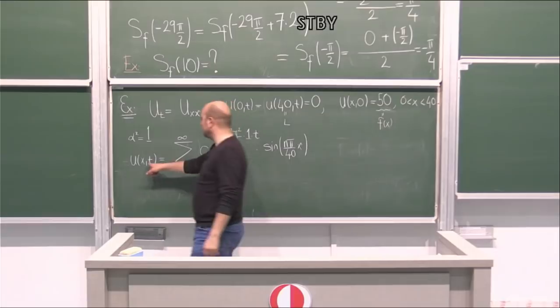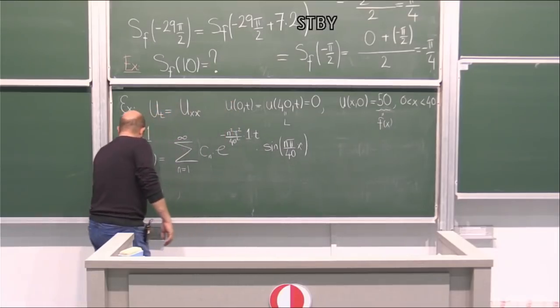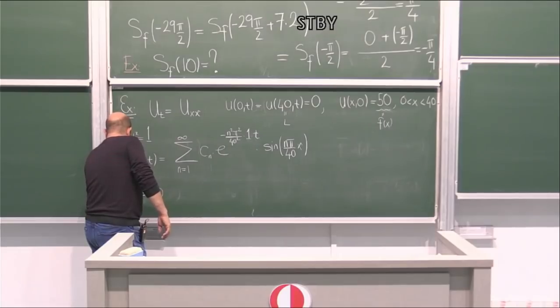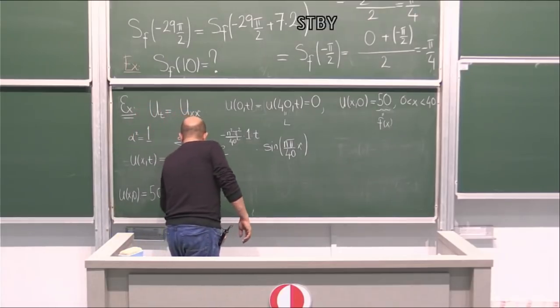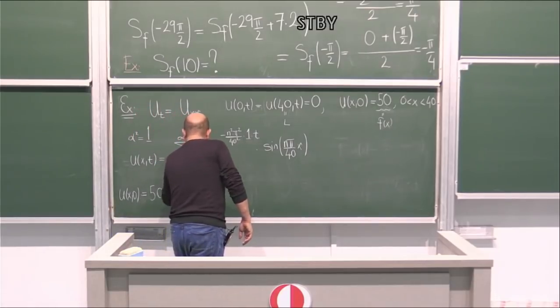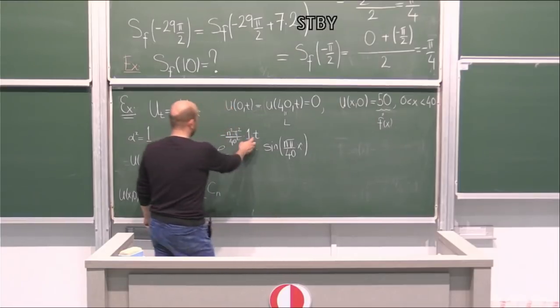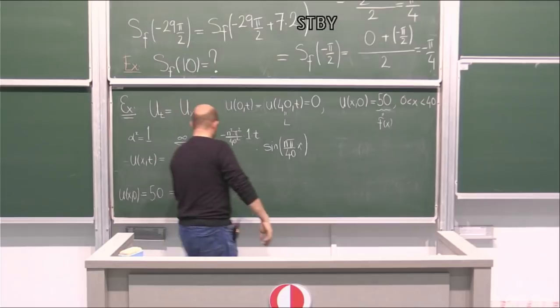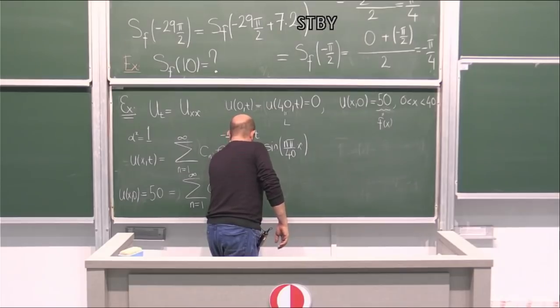When you plug in 0 here, 50, which is your u(x,0), must be equal to the sum from n equals 1 to infinity of Cn times 1 times sine n pi over 40 x.